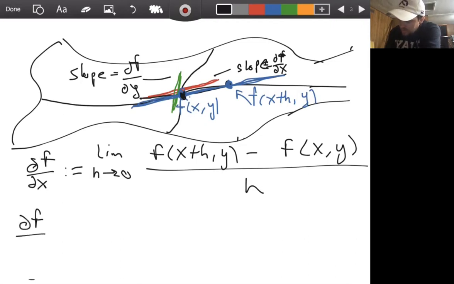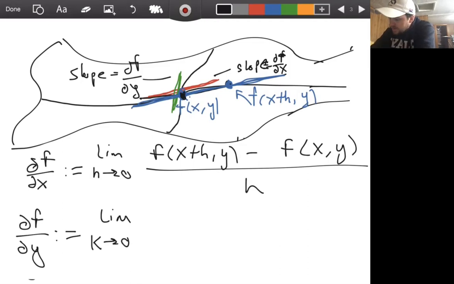And so how about df/dy? Well, it's going to be very similar, and we'll say now, as k goes to 0. Now we want a secant line through the curve that has a fixed x value and varies in y.